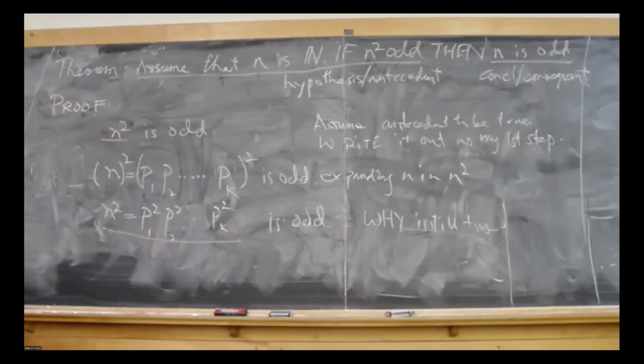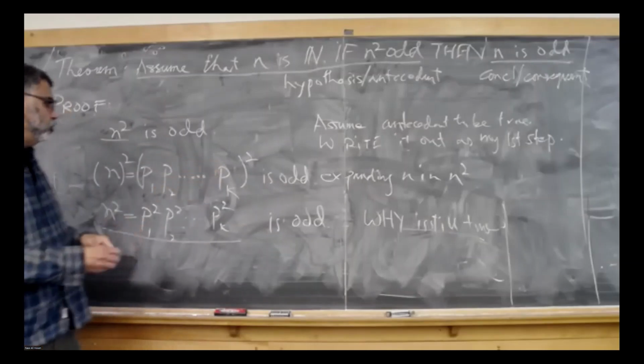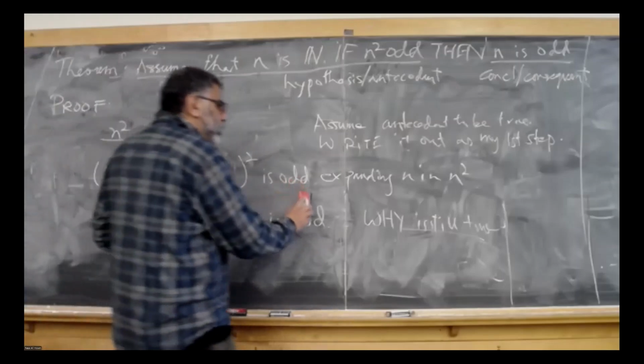Okay, so this thing is definitely equal to this. And then this is definitely equal to this, where all we've done is we've shown that n squared equals the square of the product of prime numbers, so we could do that expanding, and I need to write one other thing here.